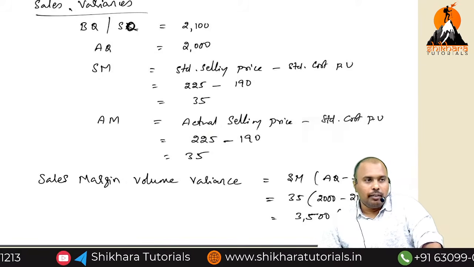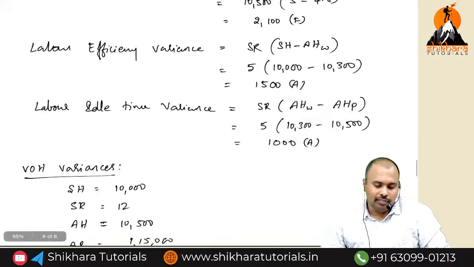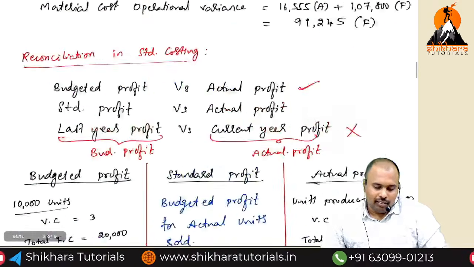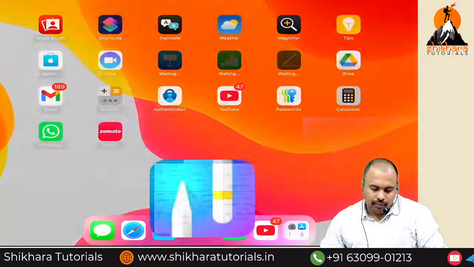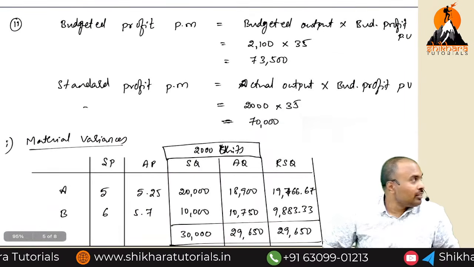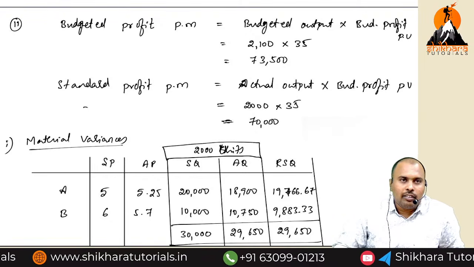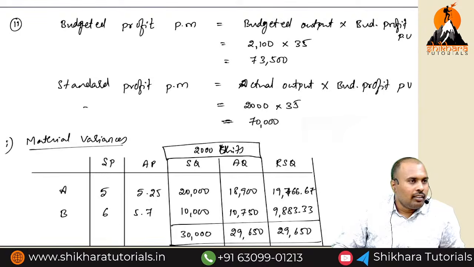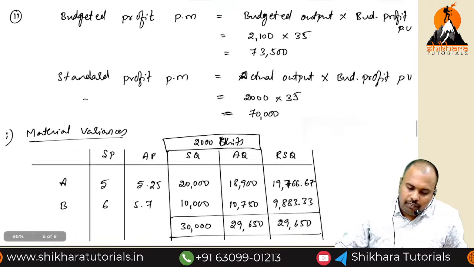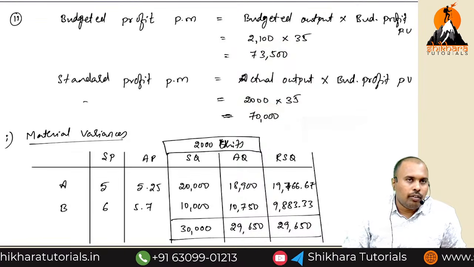Budgeted profit minus 3,500 adverse, right? Has to be standard profit. Here, budgeted profit minus 3,500, how much? Did they match it or not? Clear? So the difference between budgeted profit and standard profit has to be margin volume variance.